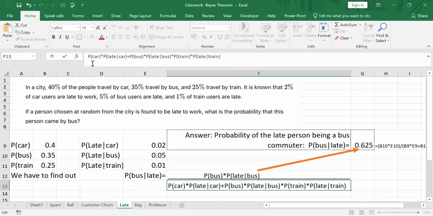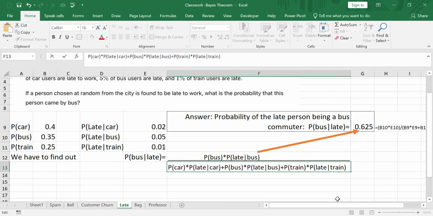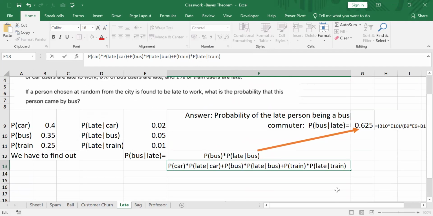P car, P late given car, plus P bus, P late given bus, plus P train, P late given train. So we have all the values here.